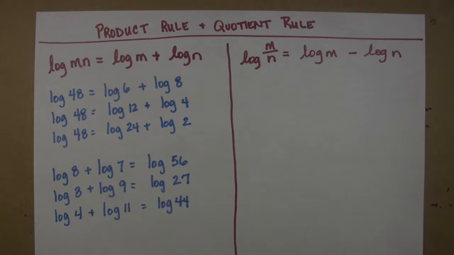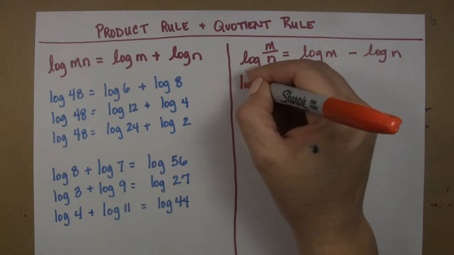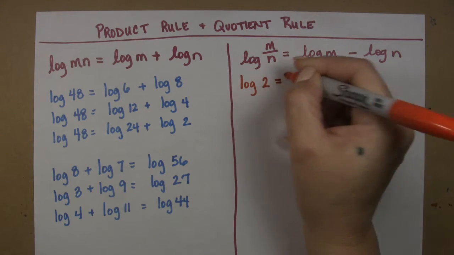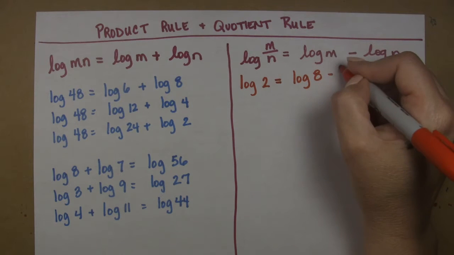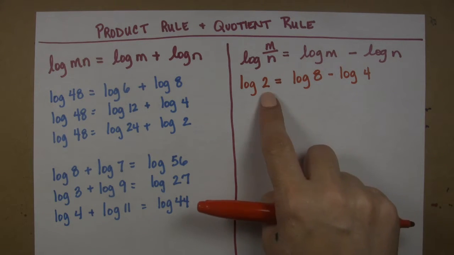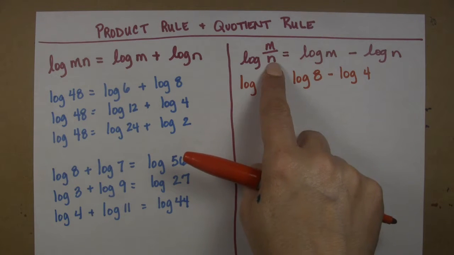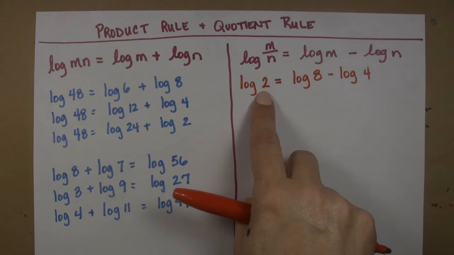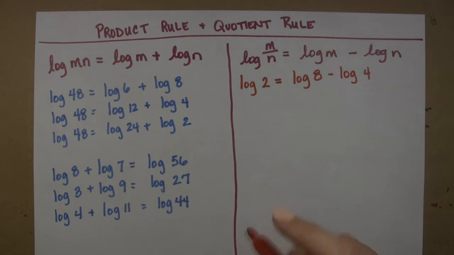Let's do some similar examples over here with regard to quotients. So for quotients, I can say that the log of 2, I could break that down into the log of 8 minus the log of 4. Why? Well, because 8, which would be m, divided by n, which would be 4, is 2, and I could calculate that by separating it out and putting a minus sign in between.